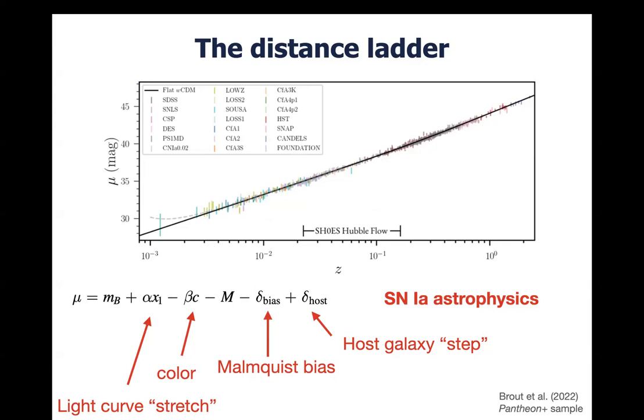For Type Ia supernovae, they are not perfect standard candles, so a lot of corrections are needed to the data using this famous Tripp equation, like the color and the stretch of the light curves, and correcting for dust and things like that. There's also Malmquist bias correction, and even a dependence on the host galaxy stellar mass. So anyway, the idea is, can we come up with an analogous relation for variable AGN?